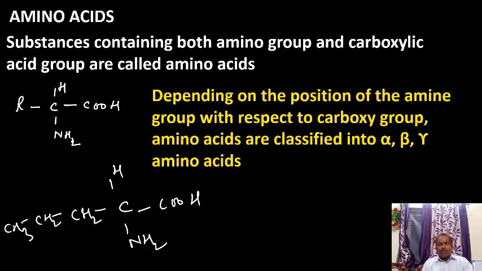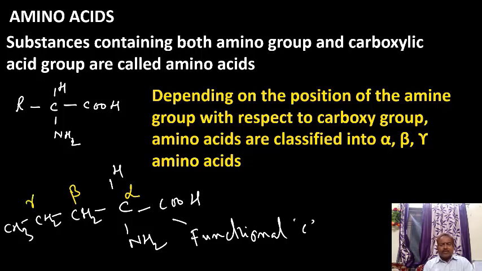Now this is the functional carbon atom. With respect to the functional carbon, this is the alpha carbon, this is the beta carbon, this is the gamma carbon.